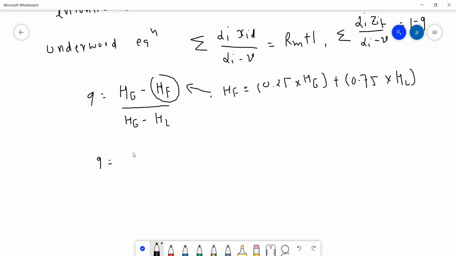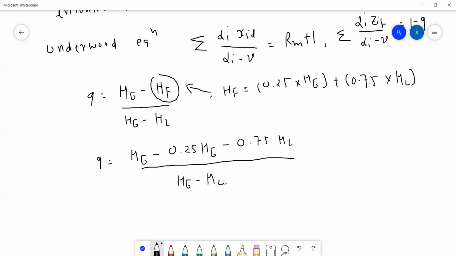So q is equal to Hg minus 0.25 Hg, which is positive, and if you remove this bracket, the other term gives negative 0.75 HL, divided by Hg minus HL. So this is equal to 1 minus 0.25 Hg.